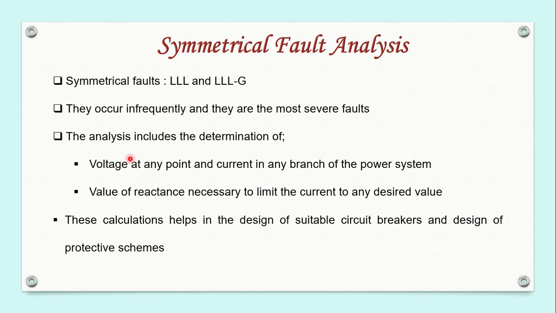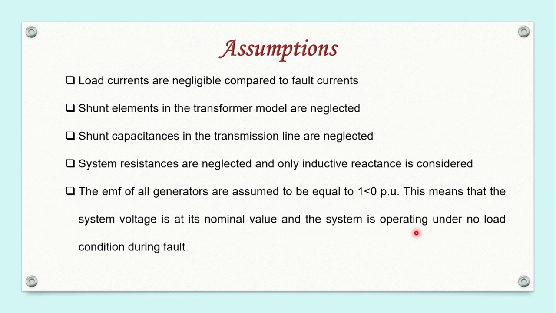So if we are able to calculate the current in any of the branches after the occurrence of a fault, we should know how to design the circuit breakers. We can decide when these circuit breakers should break the circuit and what will be the rating of those circuit breakers. So after calculating the fault currents, we will be able to design suitable circuit breakers and a suitable protective scheme.